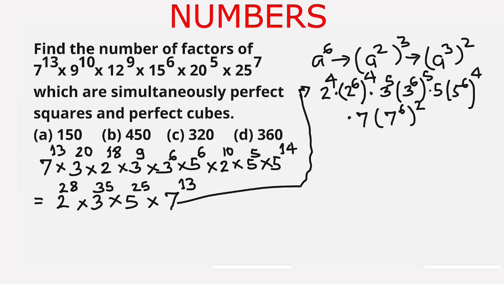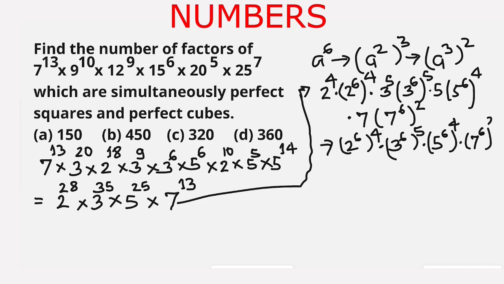Now those numbers which are power of 6, we separate them, and those are 2 to the power 6 to the power 4 multiplied by 3 to the power 6 to the power 5 multiplied by 5 to the power 6 to the power 4 multiplied by 7 to the power 6 to the power 2.